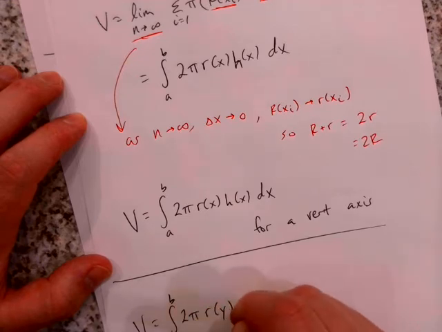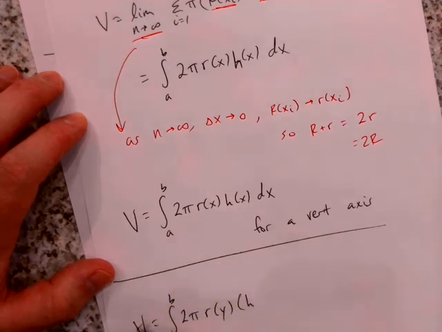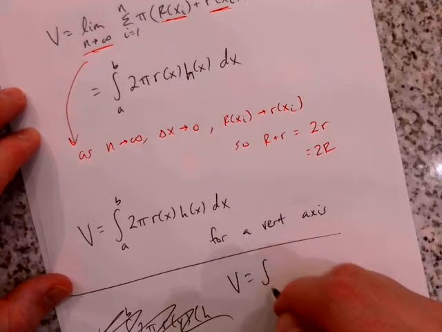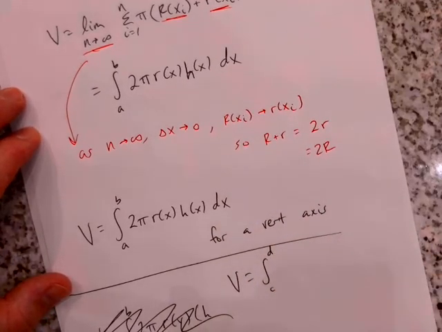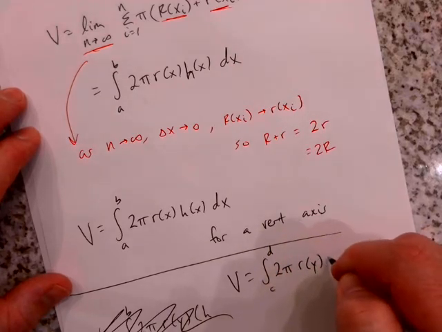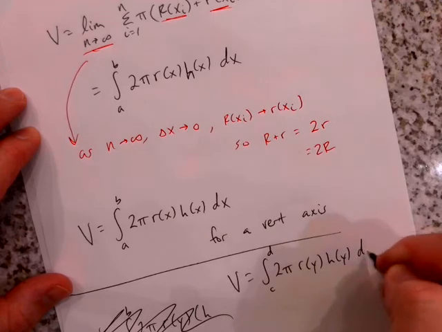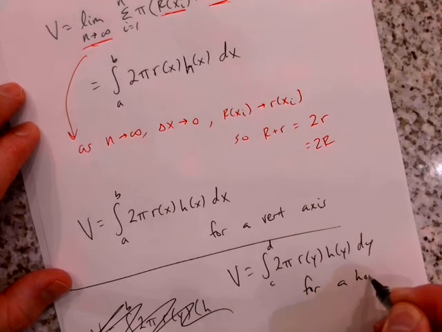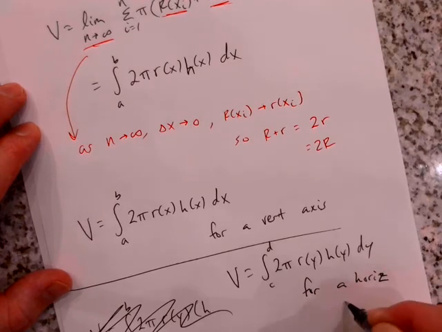So r of y, I messed that up. So the integral is from c to d, thus my go-to bounds for y functions. And that's for a horizontal axis of revolution.